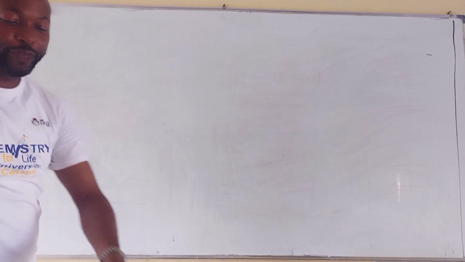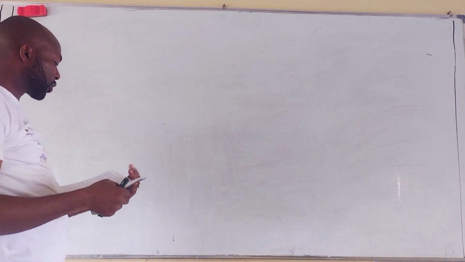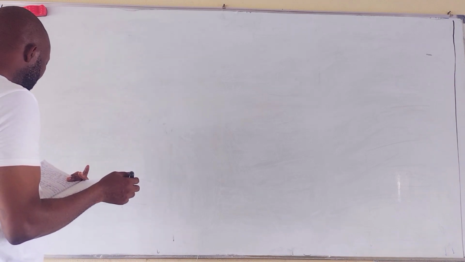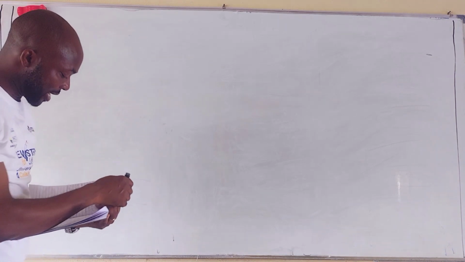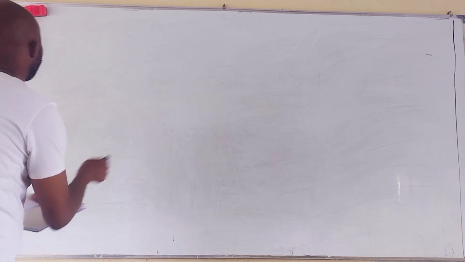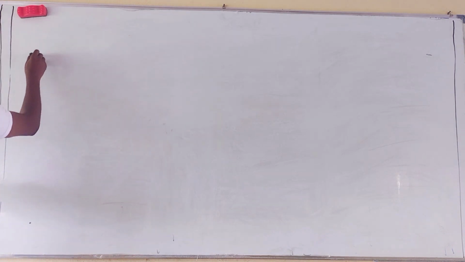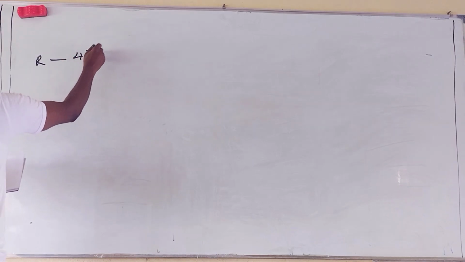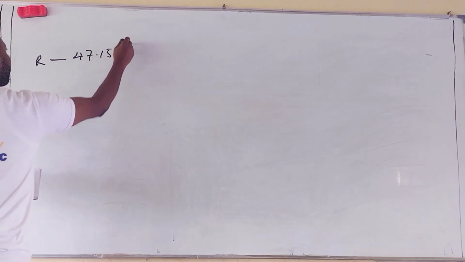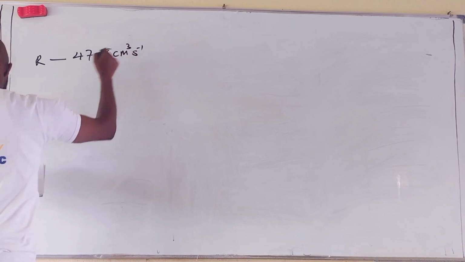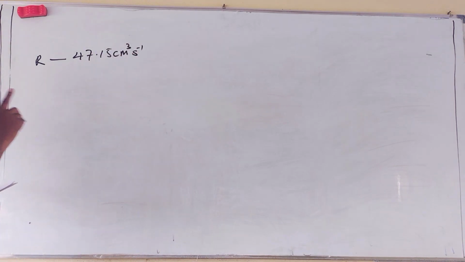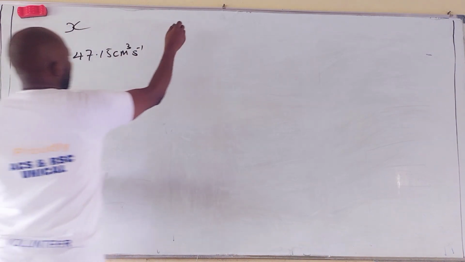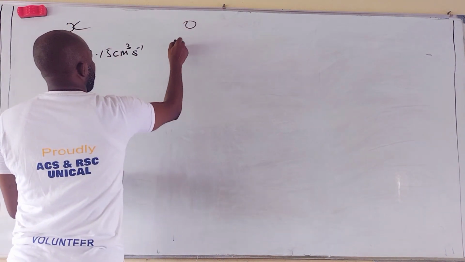Okay, a gas diffuses out through a porous pot at a rate of 47.15 cm3 per second. The gas is unknown, so we don't know what the gas is, but the rate at which it diffuses is 47.15 cm3 per second. Under the same conditions, oxygen diffuses at the rate of 16.40 cm3 per second.